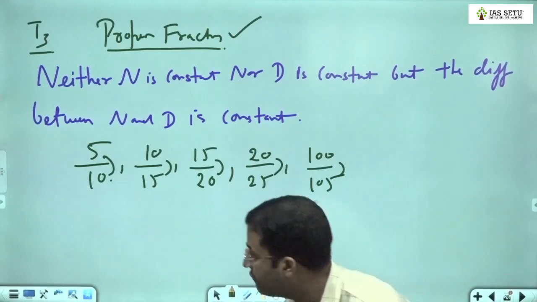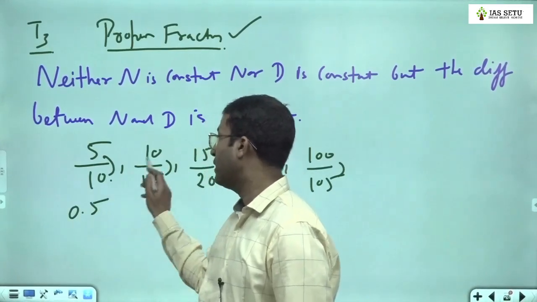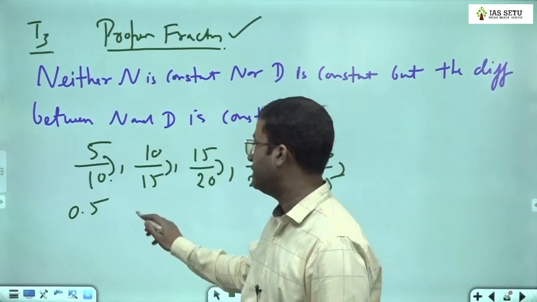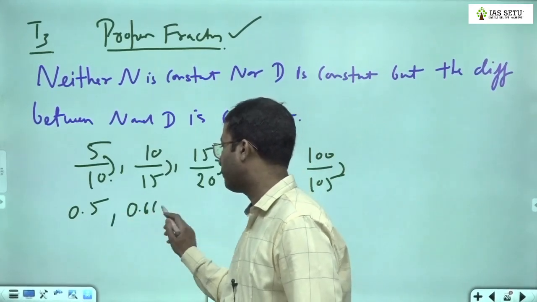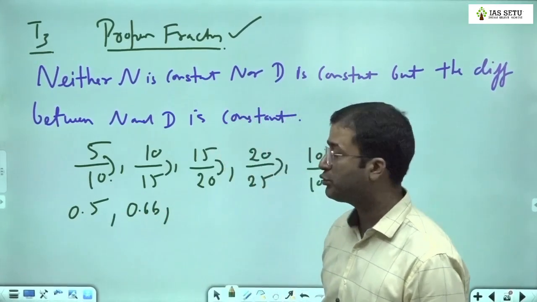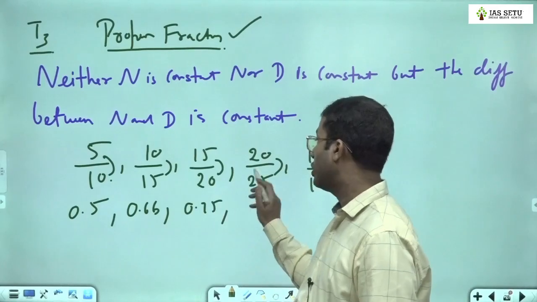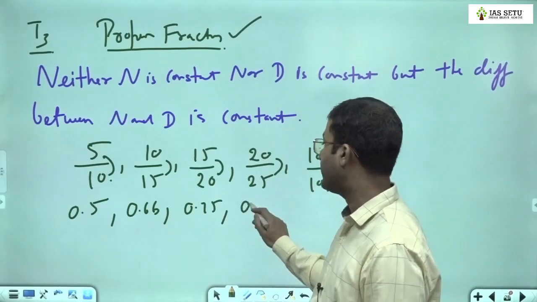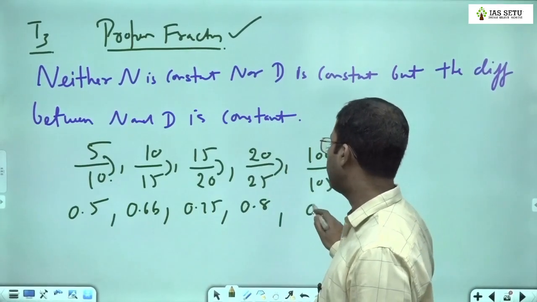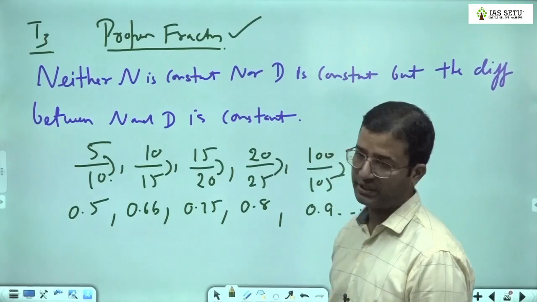5 by 10 is half, 0.5. 10 by 15 is 2 by 3, which is 0.66. 15 by 20 is 0.75. 20 by 25 is 0.8. 100 by 105 is 0.9 something.